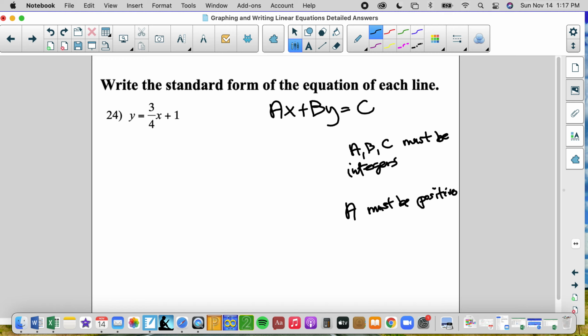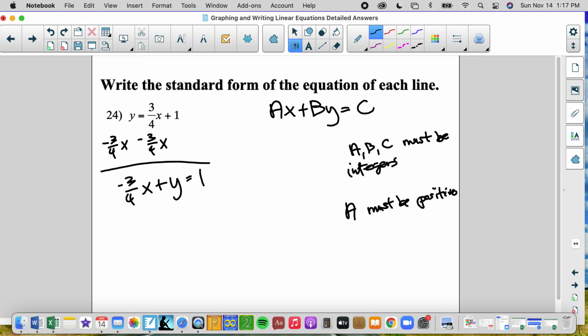So x and y have to be on the left side, and my c, my constant, has to be on the right side. So looking at this equation right now, y equals 3/4 x plus 1, I see that my x isn't on the proper side. So I got to move that term. That leaves me with negative 3/4 x plus y equals 1.